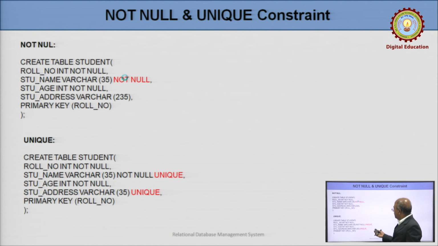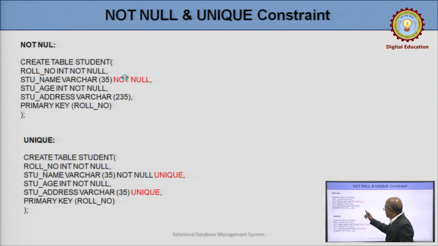Second one, uniqueness. We want to maintain the uniqueness in the table. For a particular column, we specify student name varchar 35, where 35 is the size of the string, the size of the name. It will be not null as well as unique. So, here we are specifying that the student name must be there, and it must be unique also.